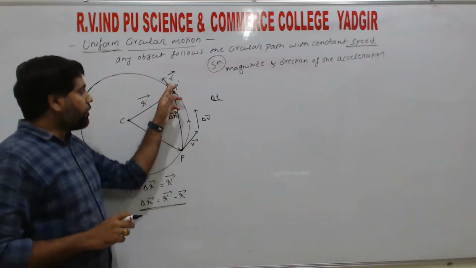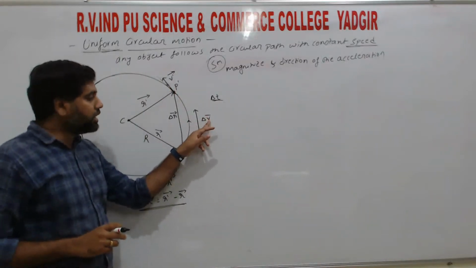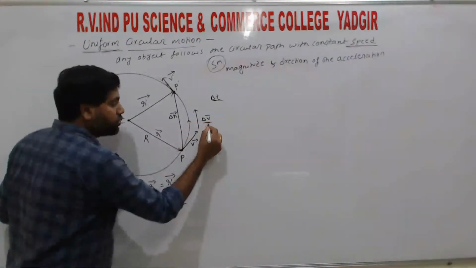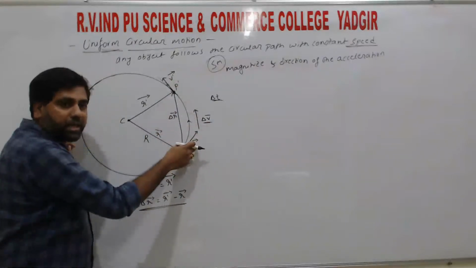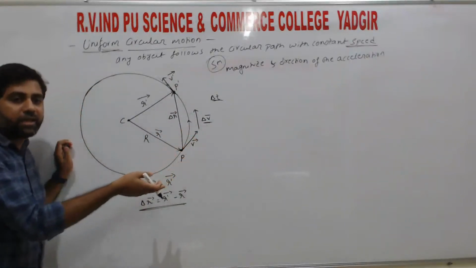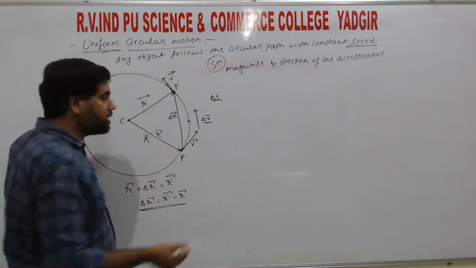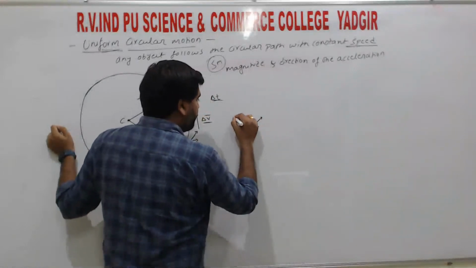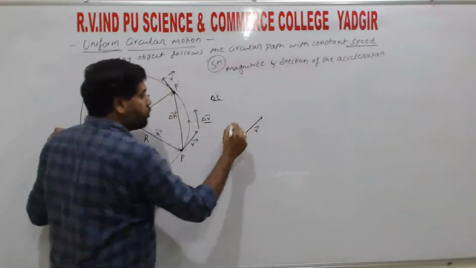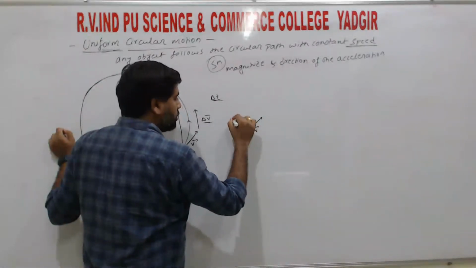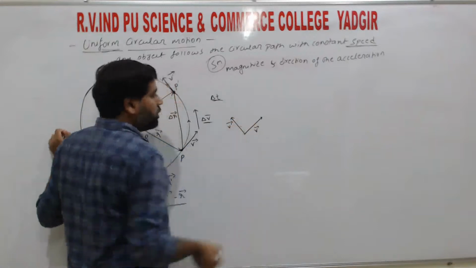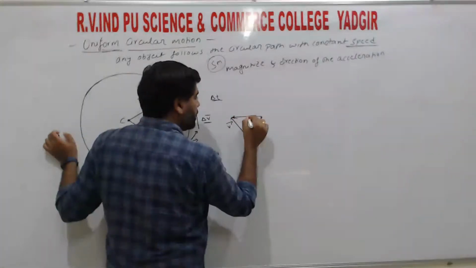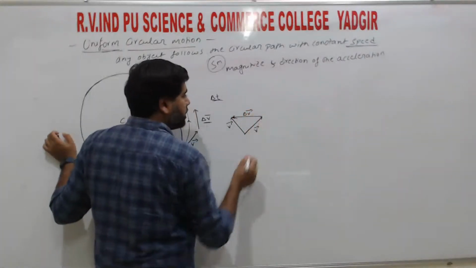Here we have the instantaneous velocities, and the change in instantaneous velocity gives the acceleration. Drawing vector V, and again drawing a parallel vector V dash, by the triangle law of vector addition we want delta V vector.